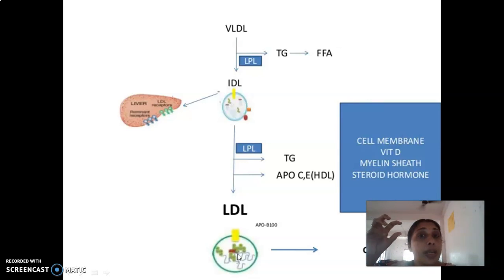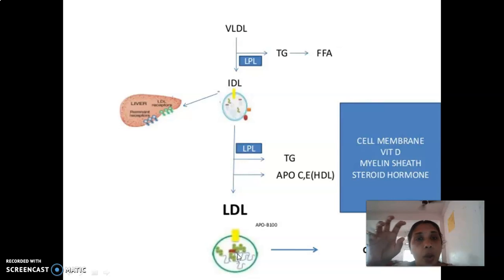As a result of the binding of the ApoB100 of the LDL molecule onto this receptor, which is present on the clathrin coated pits, the molecule will be getting fused and taken into the peripheral tissues, where it is acted upon by lysosomes. The lysosomes contain enzymes, right? These enzymes break the LDL molecule, and the contents will be released out.